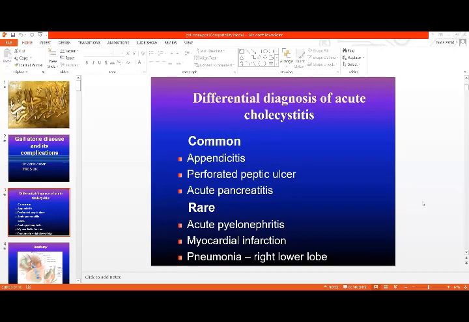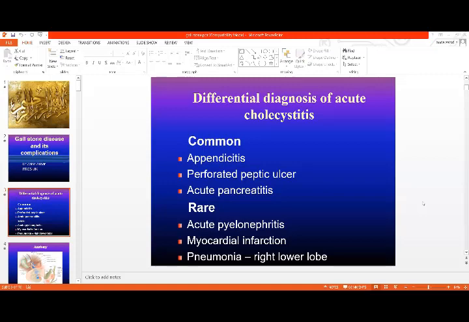Complications of gallstones could be acute cholecystitis, biliary colic, mucocele, empyema, gangrene of the gallbladder, perforation of the gallbladder, and very rarely carcinoma of the gallbladder as well. Or sometimes it is suspended on a mesentery. You can get volvulus of the gallbladder. It twists around on the mesentery and can get gangrene or acute pain.